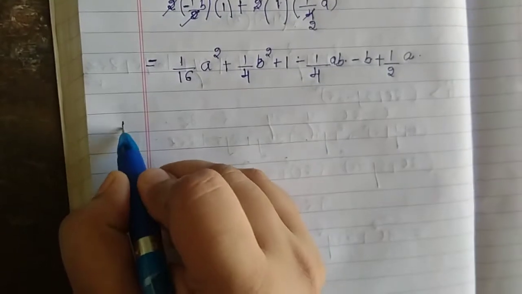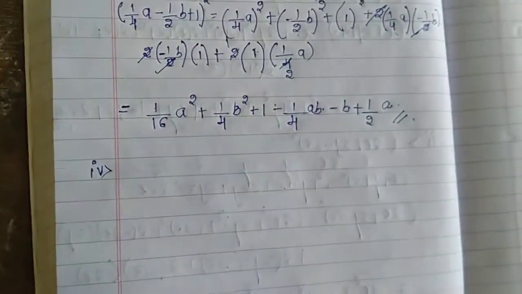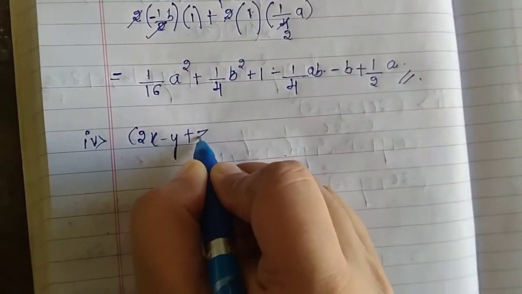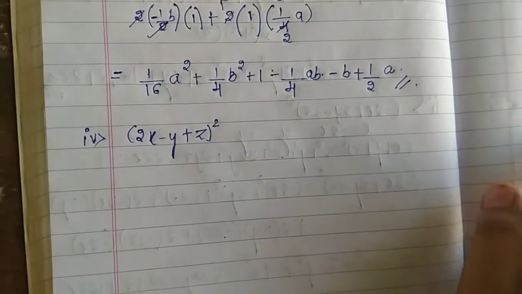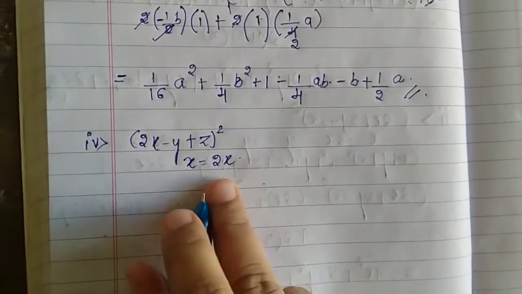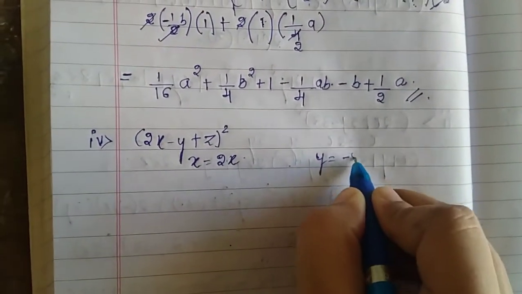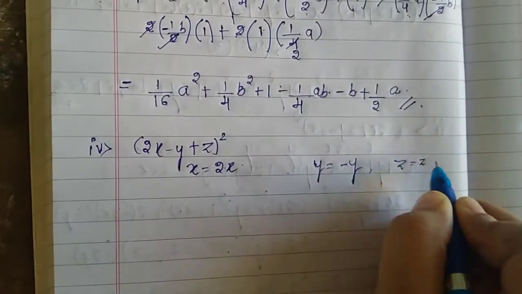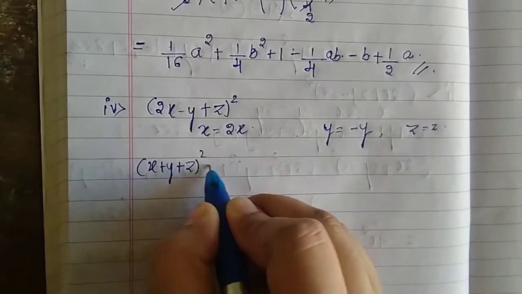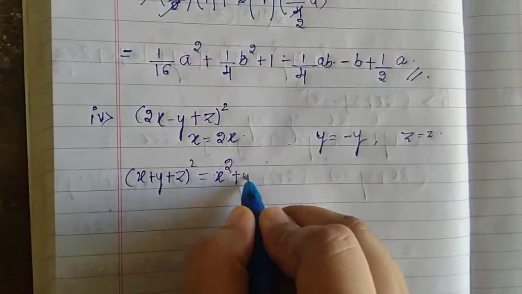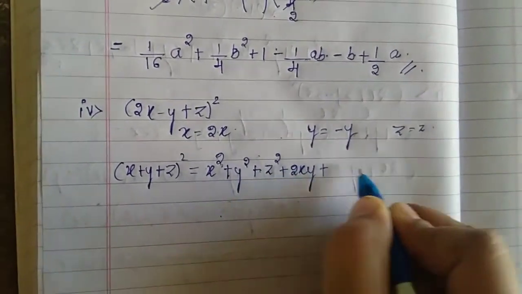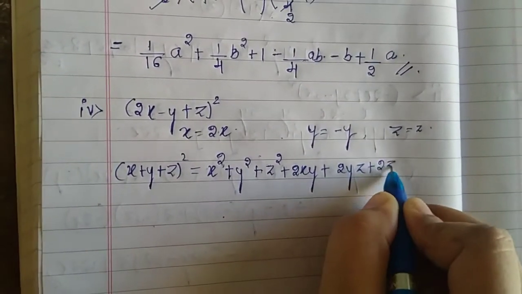So next question here is 2x minus y plus z the whole square. Okay, so 2x minus y plus z the whole square. So here also you have to do the same thing. x is nothing but here 2x, y is nothing but here minus y, and z is nothing but here z. Okay, so put all these values in this identity. x plus y plus z the whole square, x square plus y square plus z square plus 2xy plus 2yz plus 2zx.